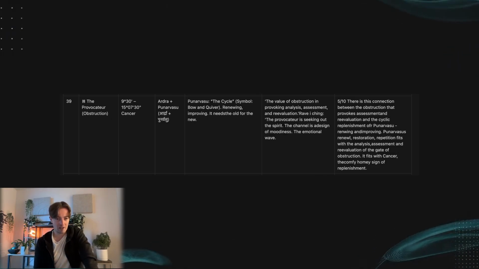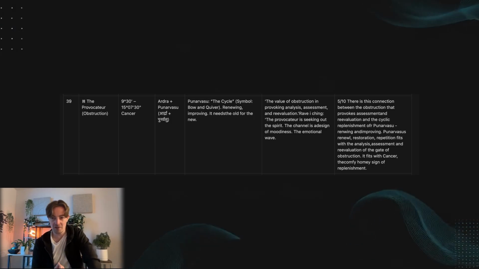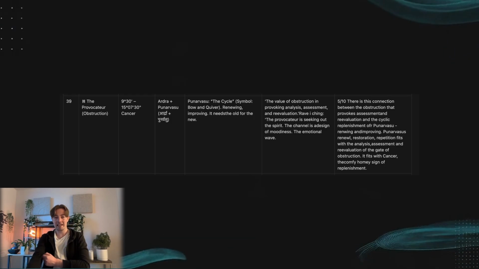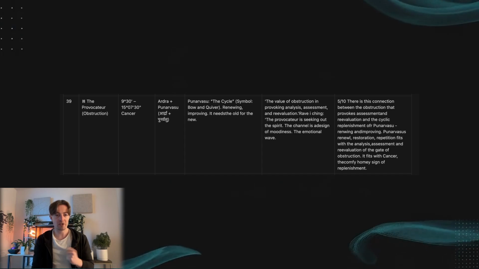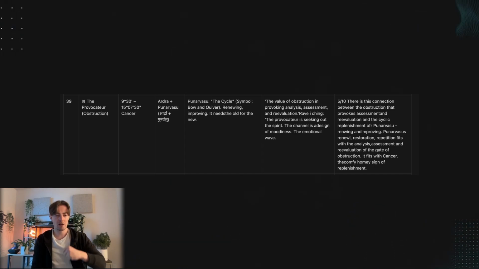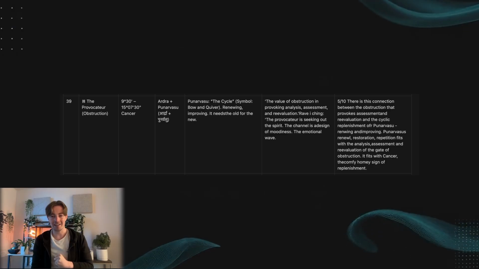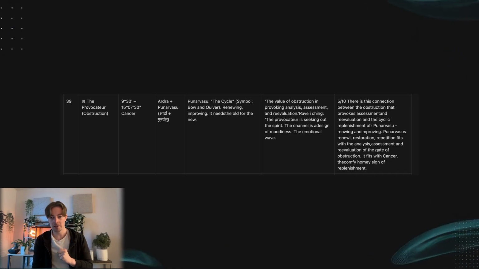So it's provocative, maybe a bit obstructive, a bit emotionally provocative in this gate. That's the characteristic associated with this gate, kind of emotional provocativeness or provoking analysis, provoking assessment can be a part of moodiness.